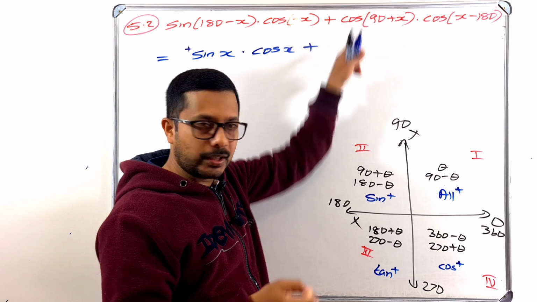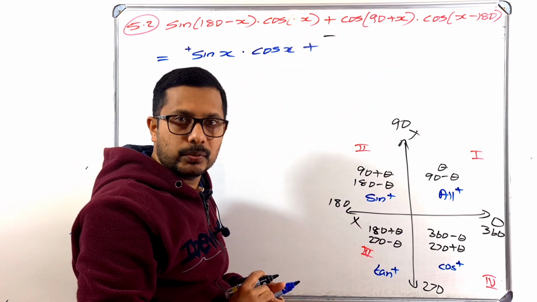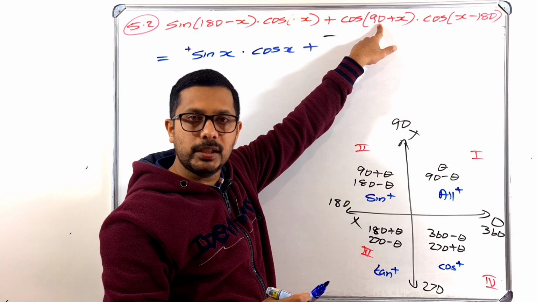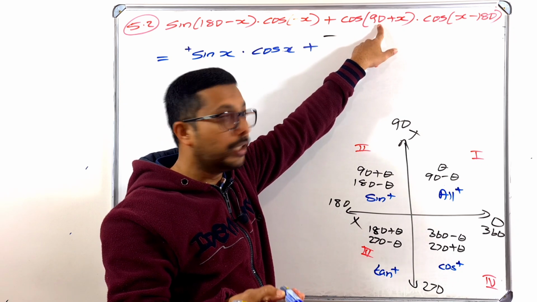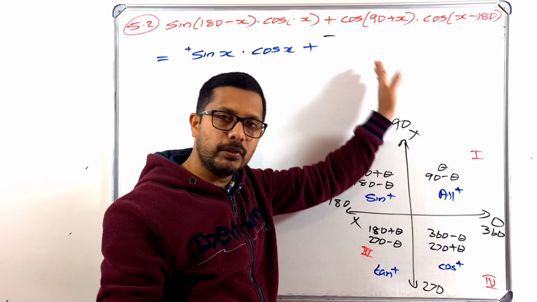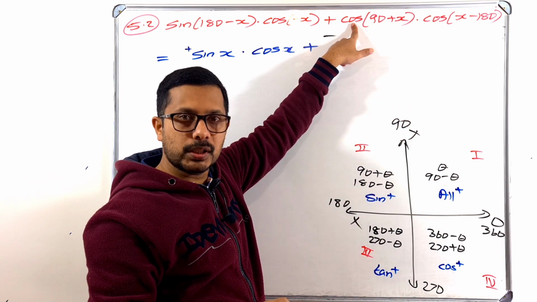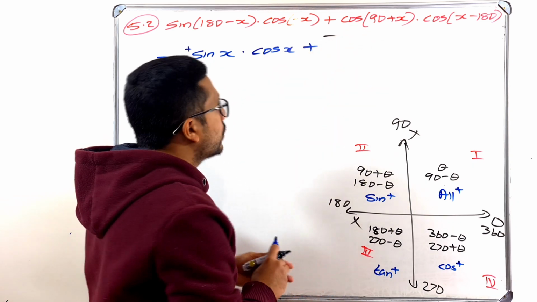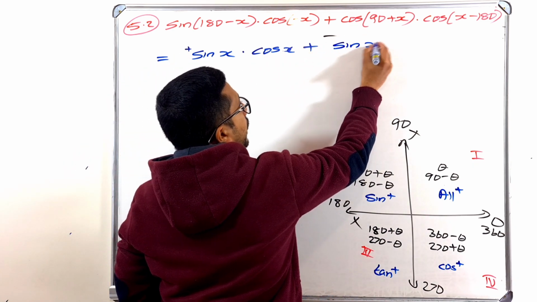Do you understand? So I'm supposed to put a negative. If it is based on 90, change to its cofunction. Remember that: if it is based on 90 or 270, you have to change to its cofunction. What is the cofunction of cos? It is sine. So it is minus sine x.